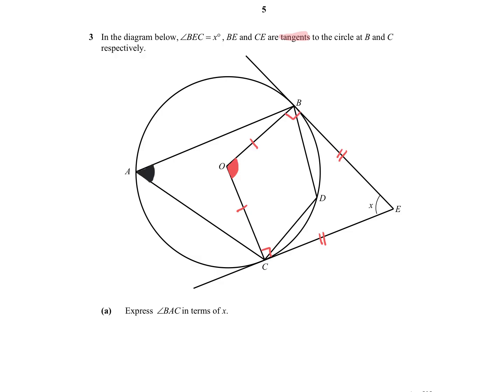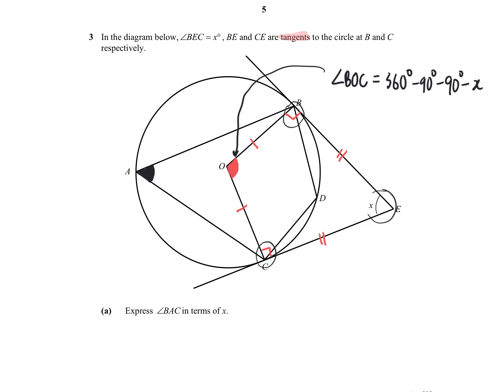So to find BOC, this angle over here, go and use 360 minus the 90, minus 90, then minus this x.